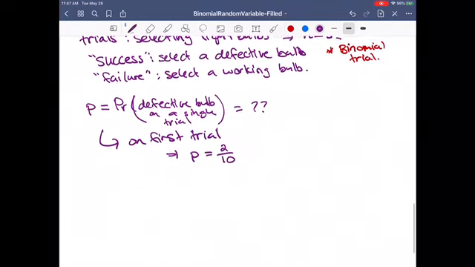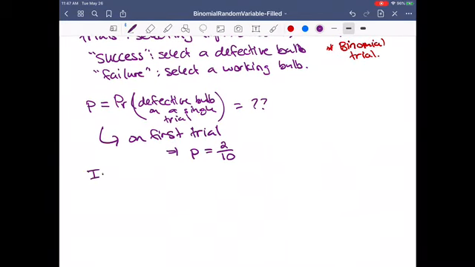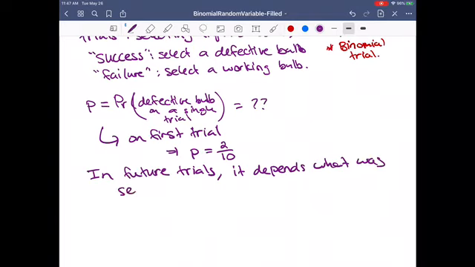But in future trials, it depends what we picked before, because we're not replacing them.